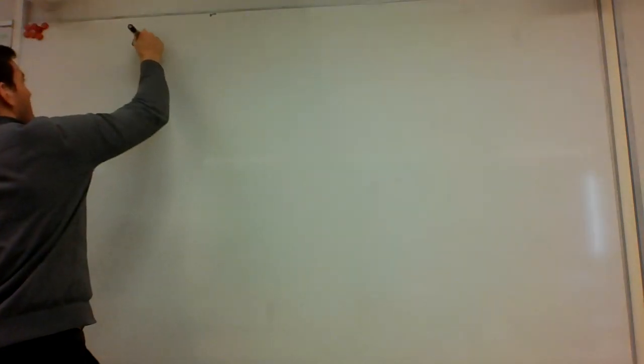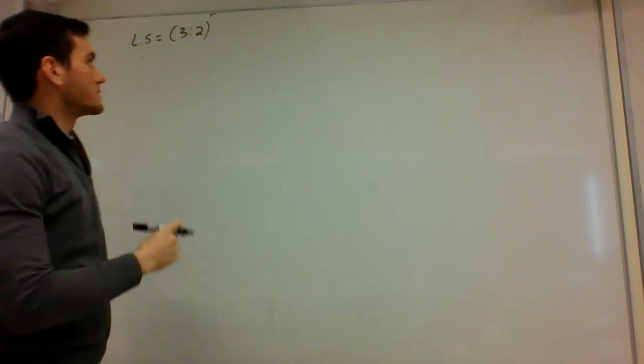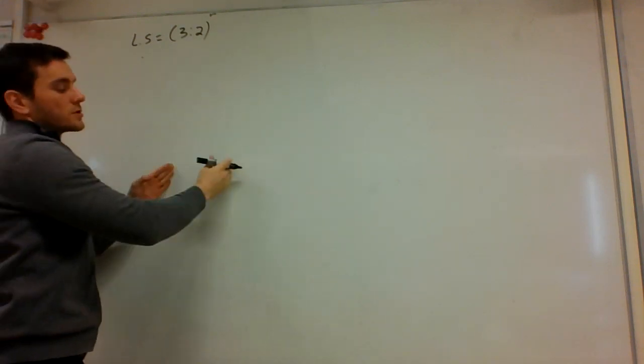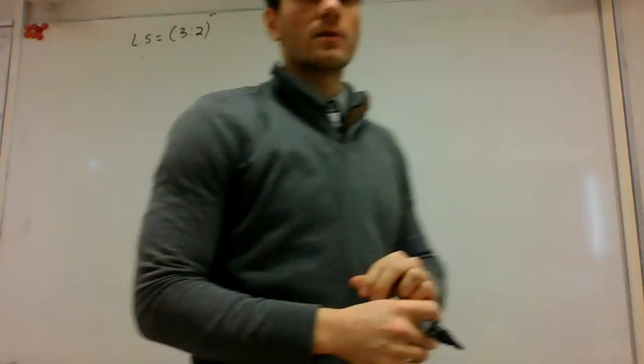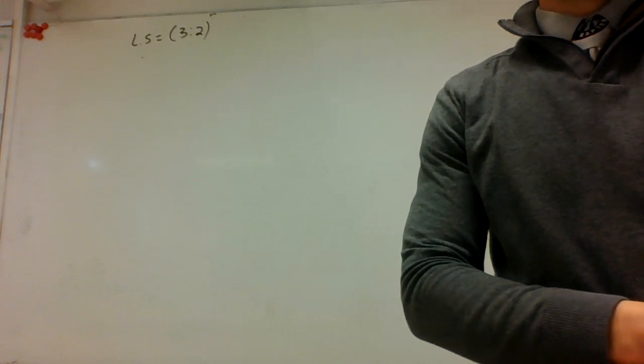It says the length scale between two similar rectangular prisms is 3 to 2. So let's write that down. Length scale equals 3 to 2. That means 3 units of length in one prism results in just 2 units of length in the second prism. And it says the volume of the first larger rectangular prism is 54 meters cubed.